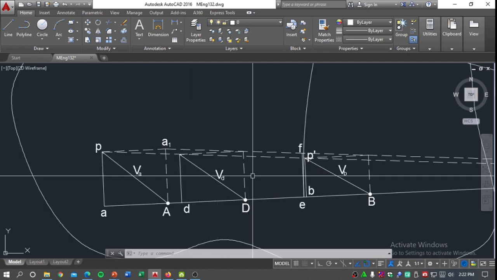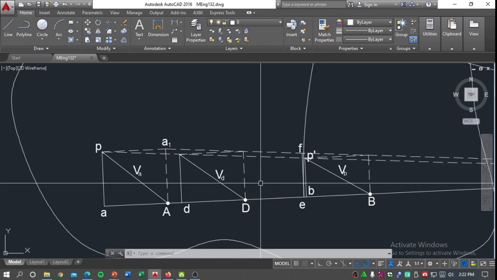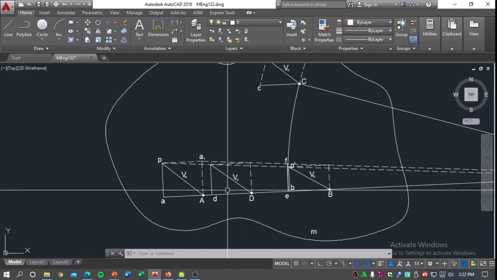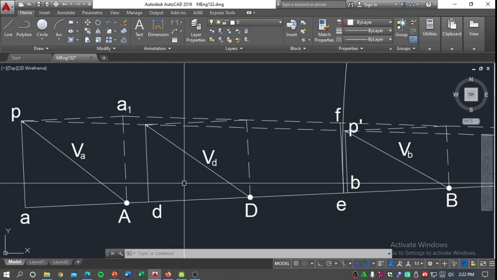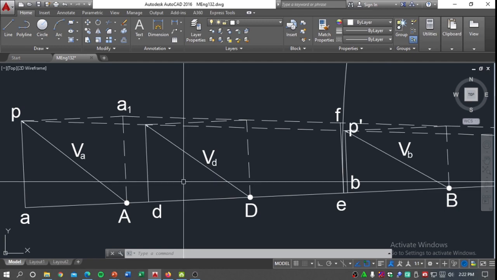And after that, we obtained the velocity of point D by projecting the same component AA into point D. So now we already have one component for velocity vector D. However, we lack the second component in order to get the resultant.